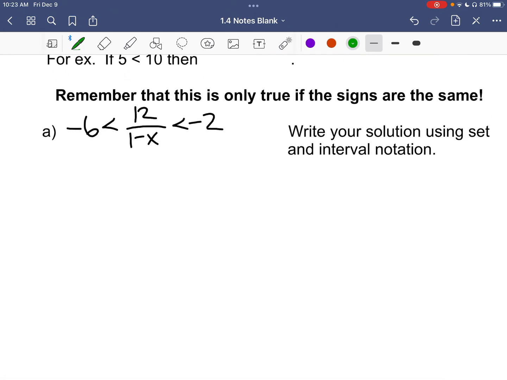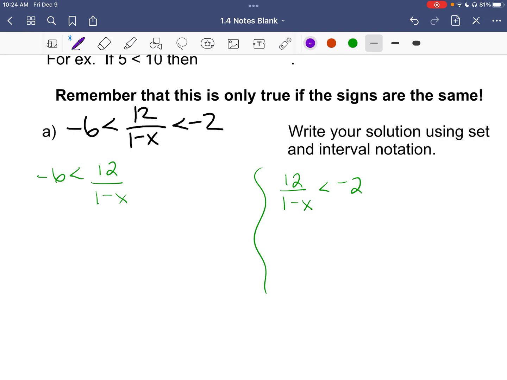So we're still going to take both sides. So we have -6 is less than 12 over 1 minus x, and we've got 12 over 1 minus x is less than -2.